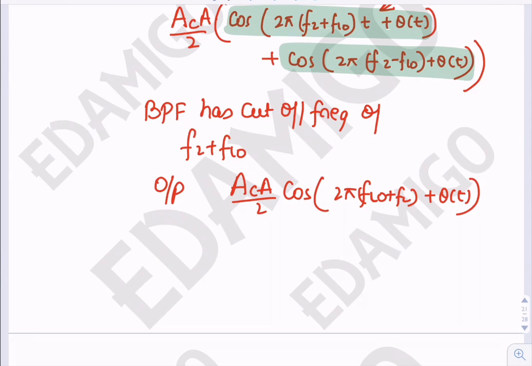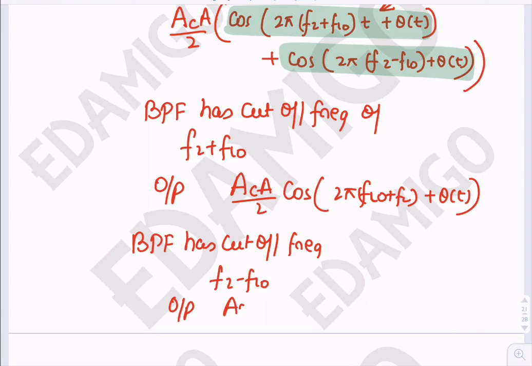And if the cutoff frequency of the band pass filter is F2 minus FLO, then the output will be AC into A divided by 2 cos of 2 pi F2 minus FLO plus theta t.